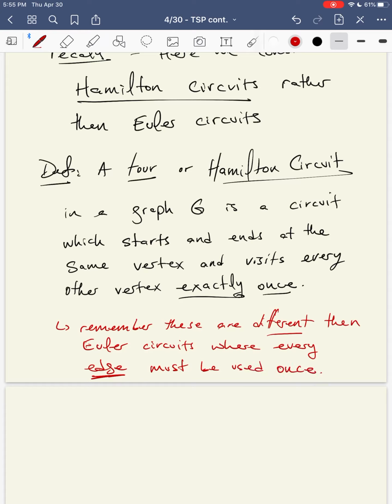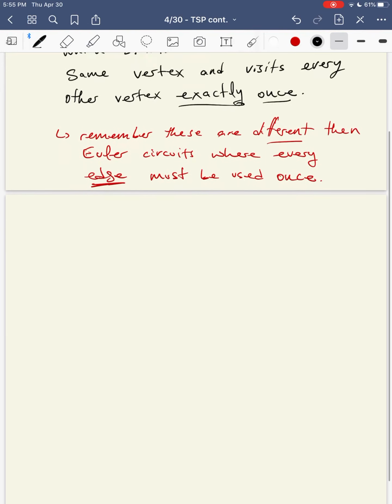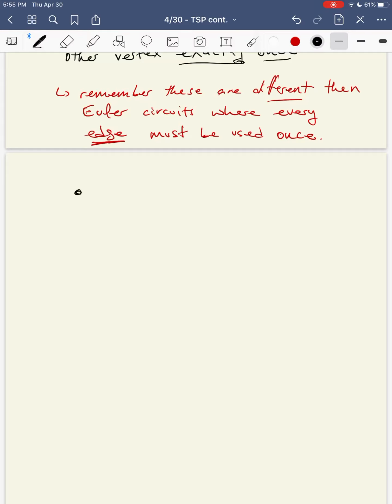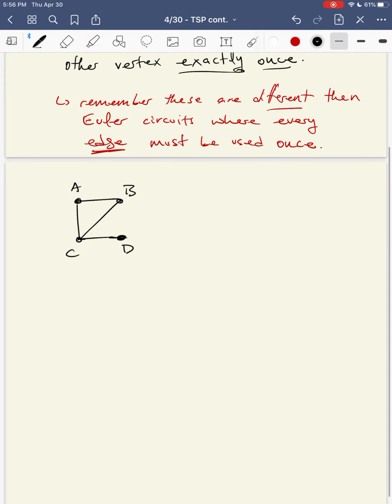So let me give you a couple examples of these and how they would differ. Our first example, what if we had this graph? Okay. We'll say A, B, C, and D. Well, the first question, does this have a Hamilton circuit? Okay, so we can just try them all.